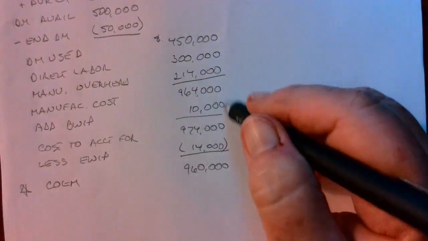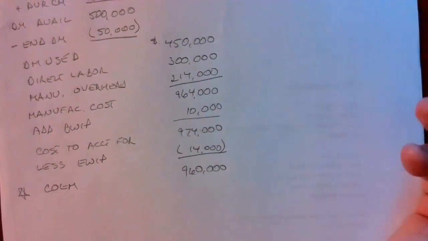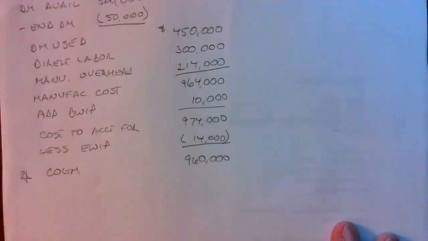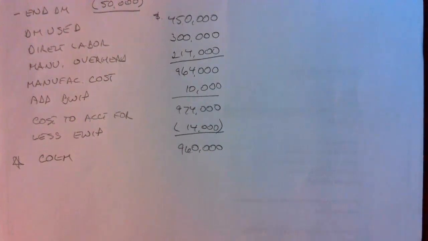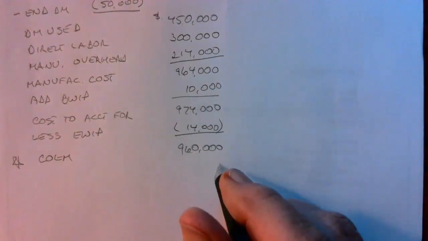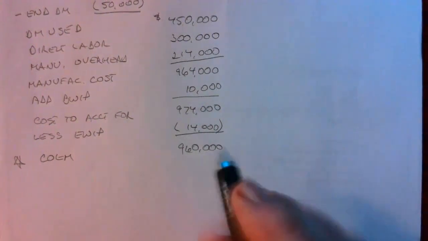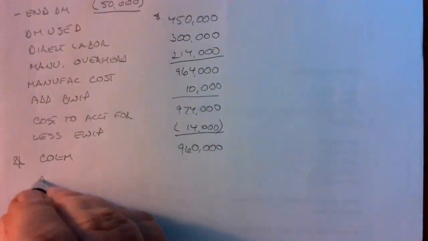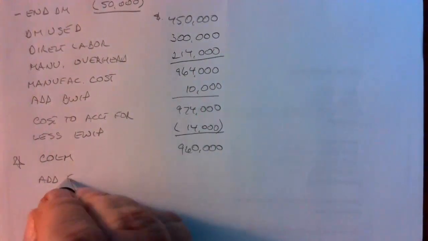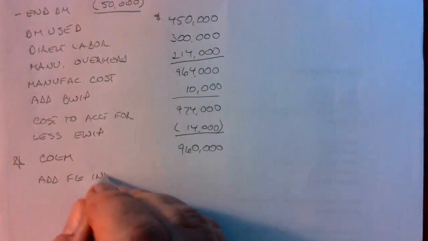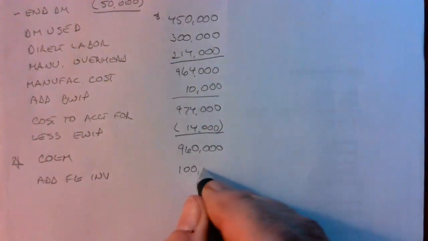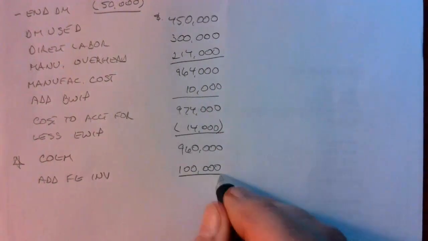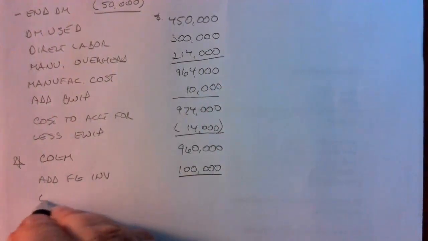Then check your math a little bit as you go down to make sure you didn't add another zero or something like that. The other thing you need to be able to do is write, and I think we type so much now, it's hard to remember that. So 960,000. Then if I add beginning finished goods inventory, that was 100,000. That gives me goods available for sale.